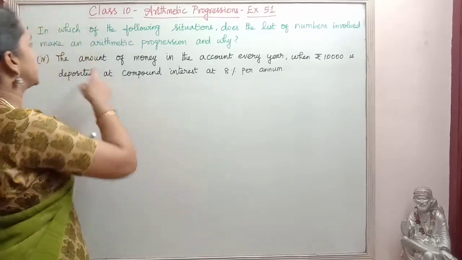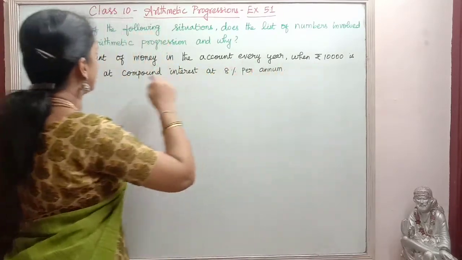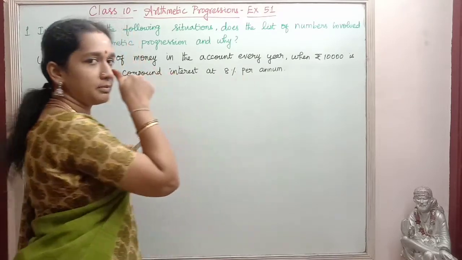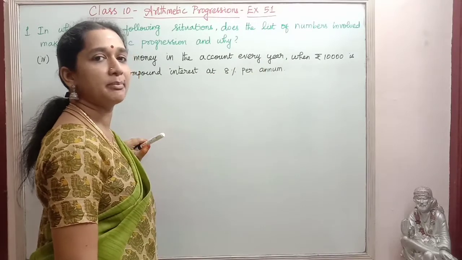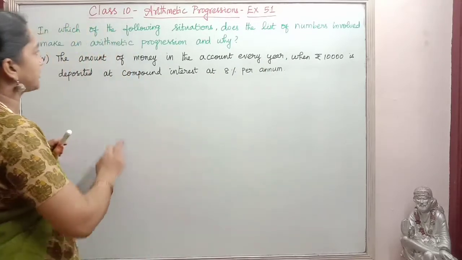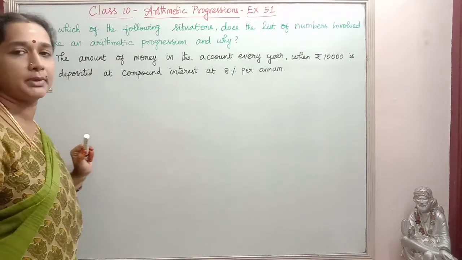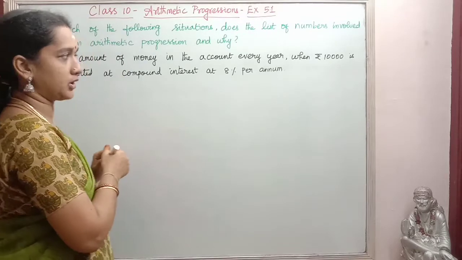Next sum is the amount of money in the account every year when 10,000 is deposited at compound interest at 8% per annum. So here the first year the amount deposited is 10,000. We are asked to find out whether this is in arithmetic progression.